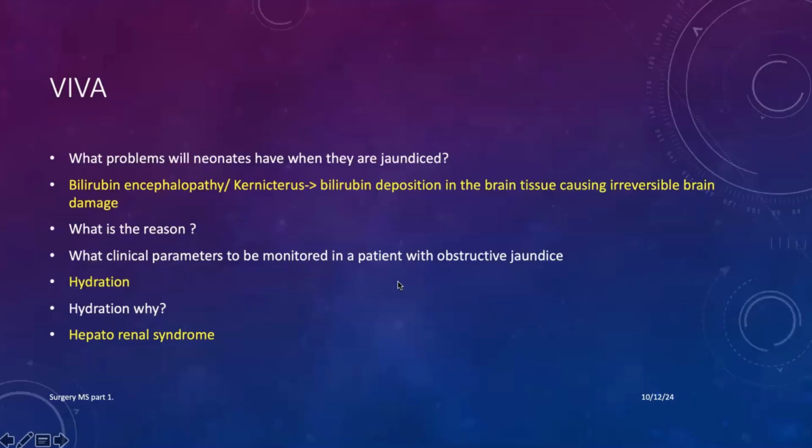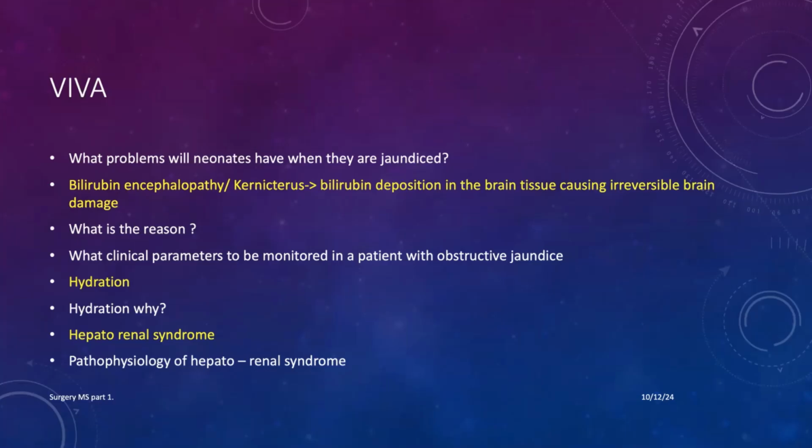So, when there is obstructive jaundice and there's ongoing dehydration, the patient will be susceptible to hepatorenal syndrome. So, what is hepatorenal syndrome? Acute renal failure due to the failure of the liver. Right.